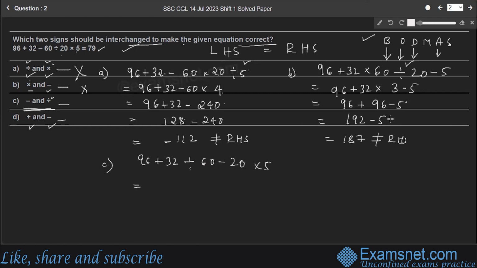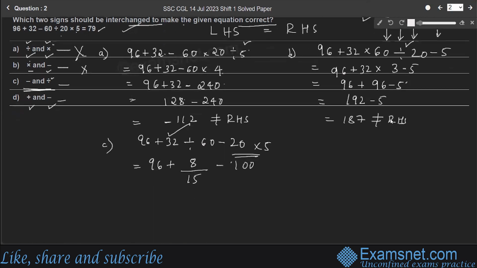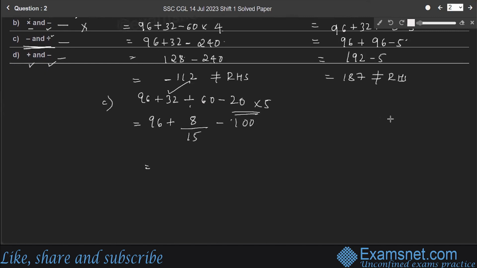According to BODMAS, you will get a fraction here. 32 by 60 becomes 8 by 15, minus 20 into 5. You can go for multiplication also simultaneously. It becomes 100. So finally you will get a fraction, which is not equal to RHS.